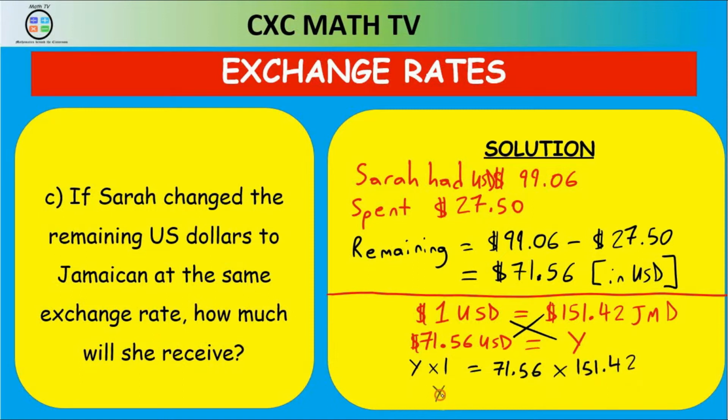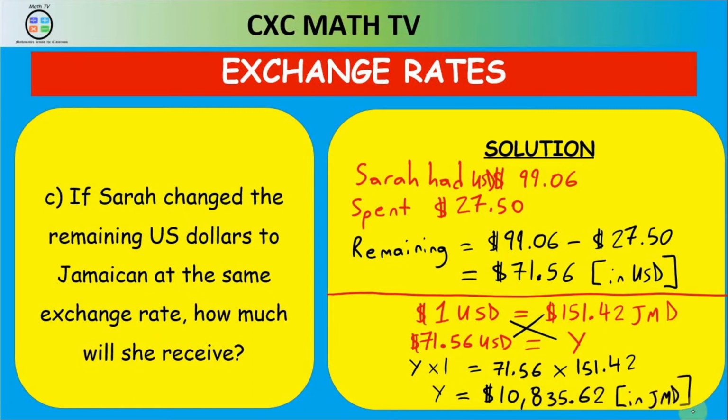Y times 1 is just Y. And so we work out 71.56 multiplied by 151.42, and that is going to give us $10,835.62, and that is in JMD.